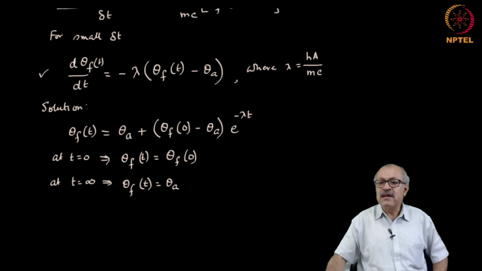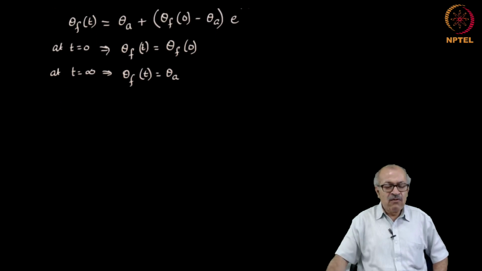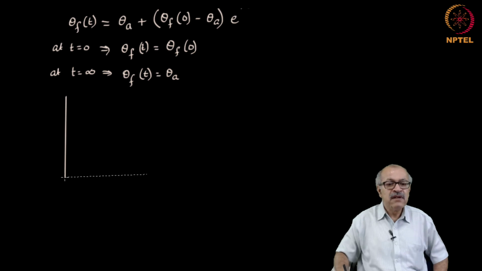So, it is clear then that it will follow a graph. The reduction of temperature will follow an exponential curve, which will start from theta fluid at 0, and here is theta a.